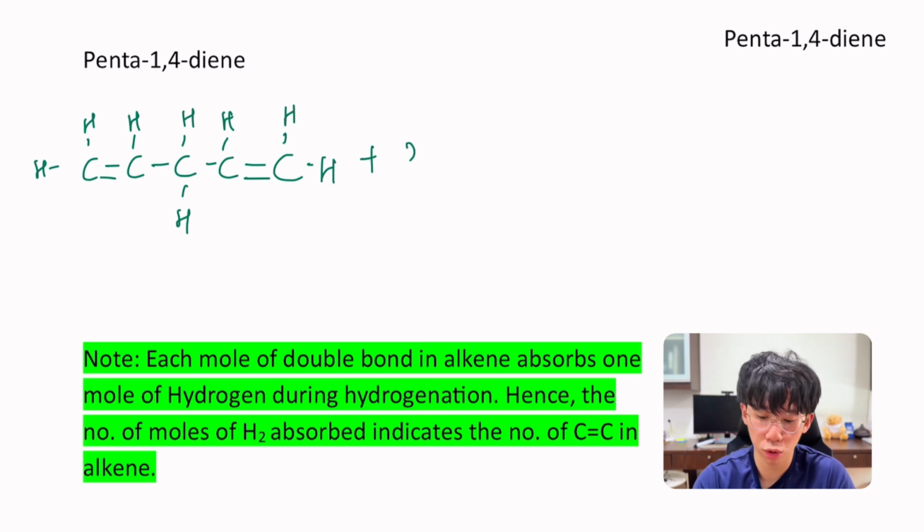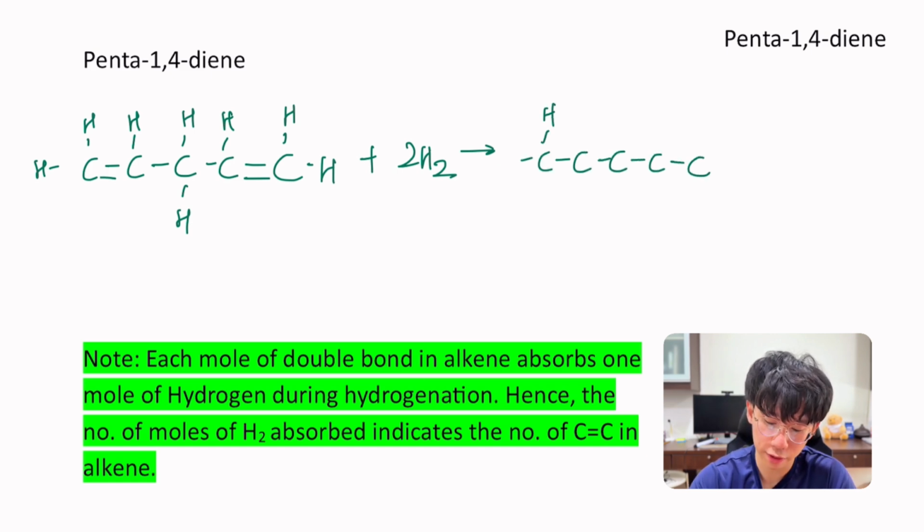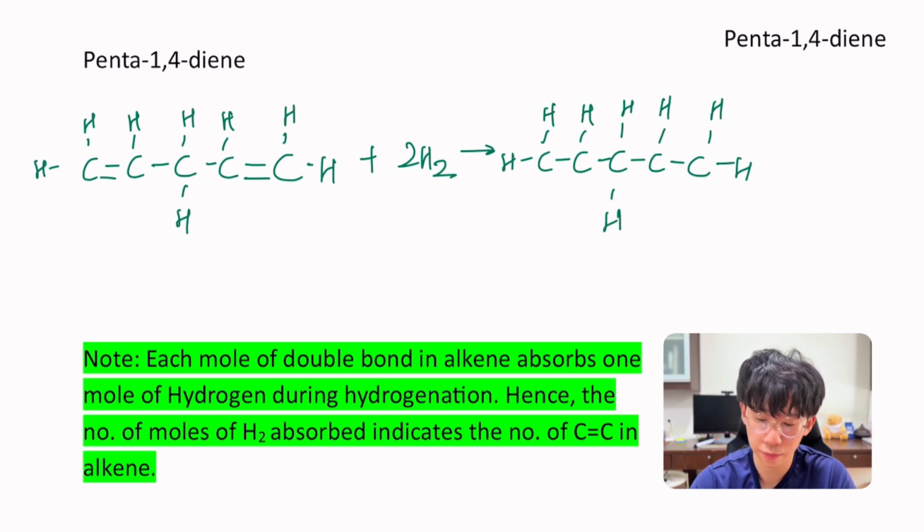Now we're going to add 2 H2 molecules because there are 2 double bonds here. The result is that the double bonds will become single bonds, with everything else staying the same, except they're adding the H2 across these 2 double bonds. So one of them here and the other one here.